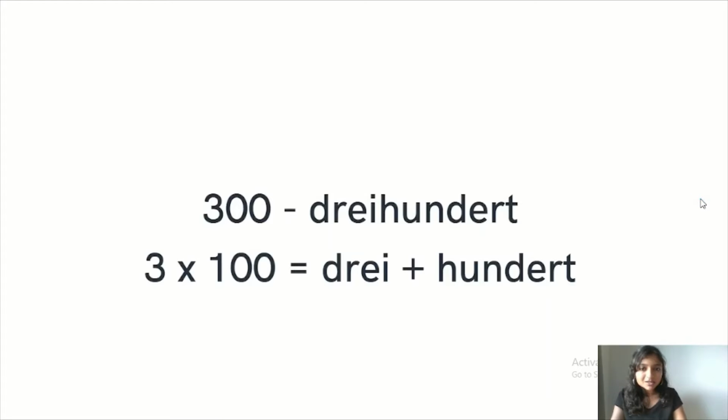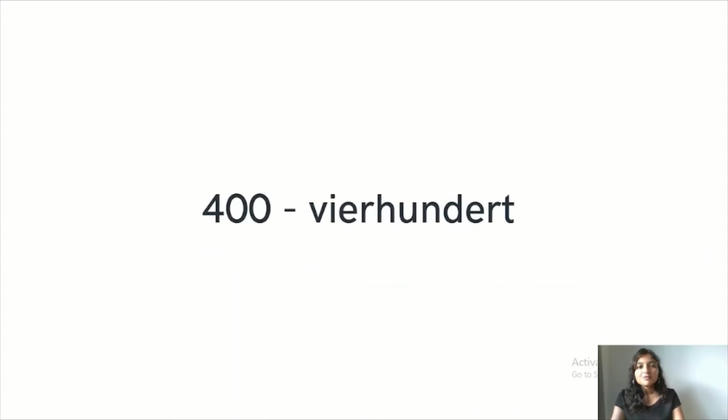Noch einmal, 300 is 300. 400 is called 400. 4 is called fear. Remember that V is pronounced as F in Deutsch. So 400 is called as 400.